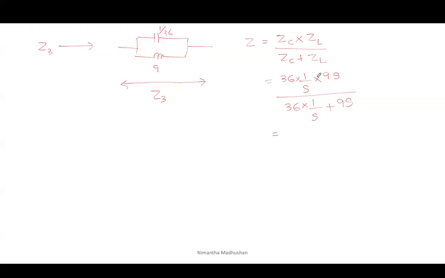For the numerator, we can write 36 into 9S, and the denominator is 36 plus 9S squared over S. We can write this as 36 into 9S over 36 plus 9S squared.